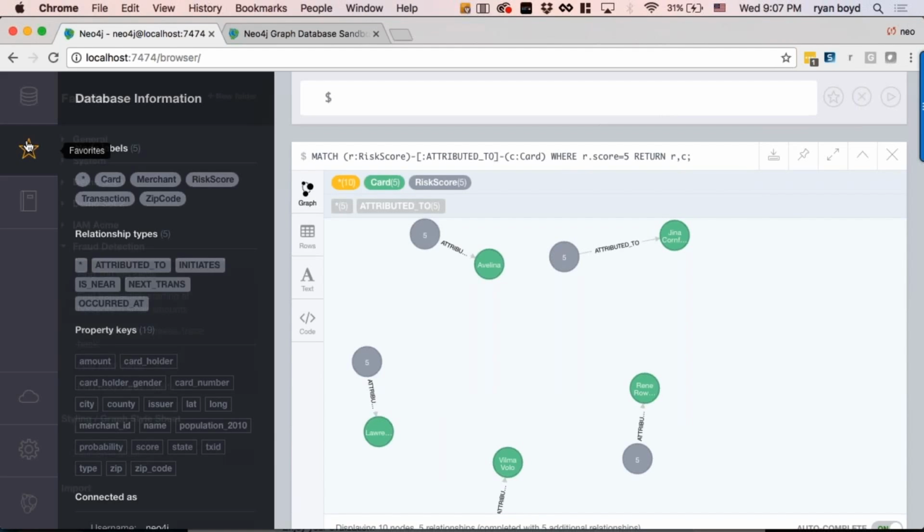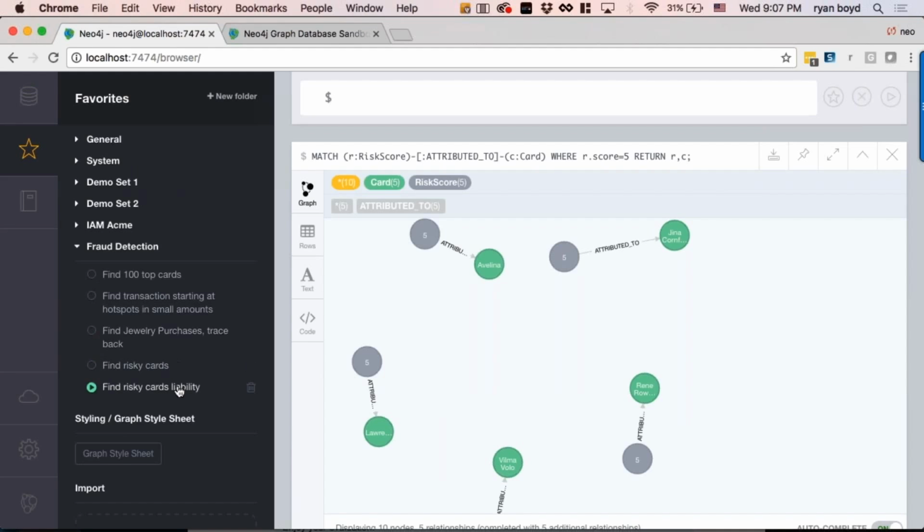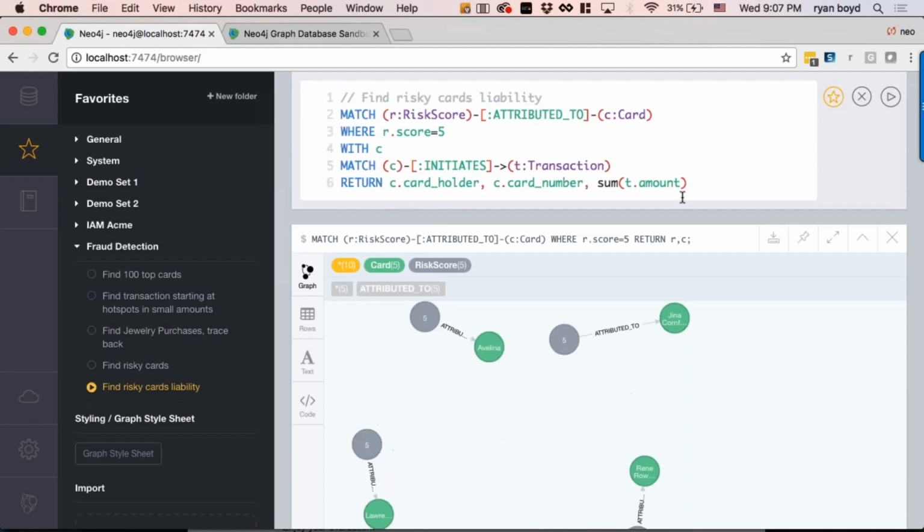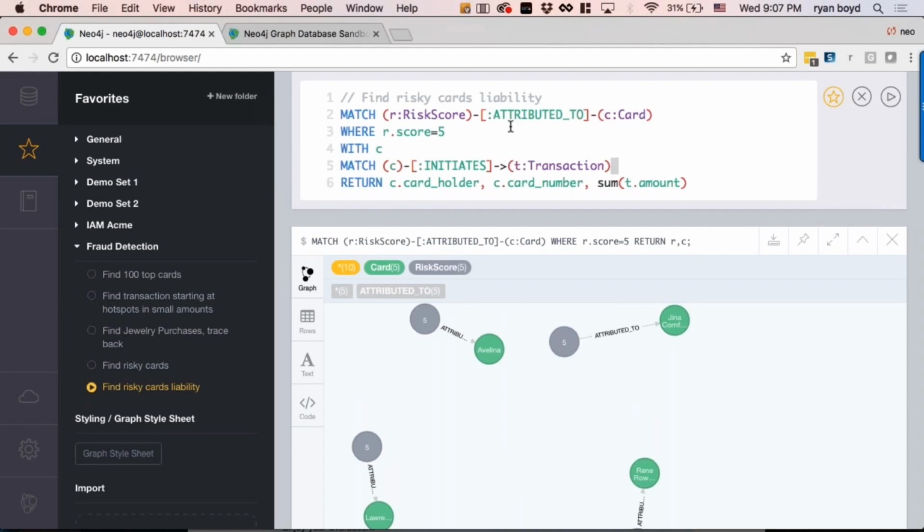So one thing that might be important if you've identified these cards as being very risky is seeing what the overall liability is on these cards. How many dollars worth of transactions are these risky cards producing? So we're looking for cards that have attributed to them a risk score where the risk score is 5, and then that card initiates a transaction.